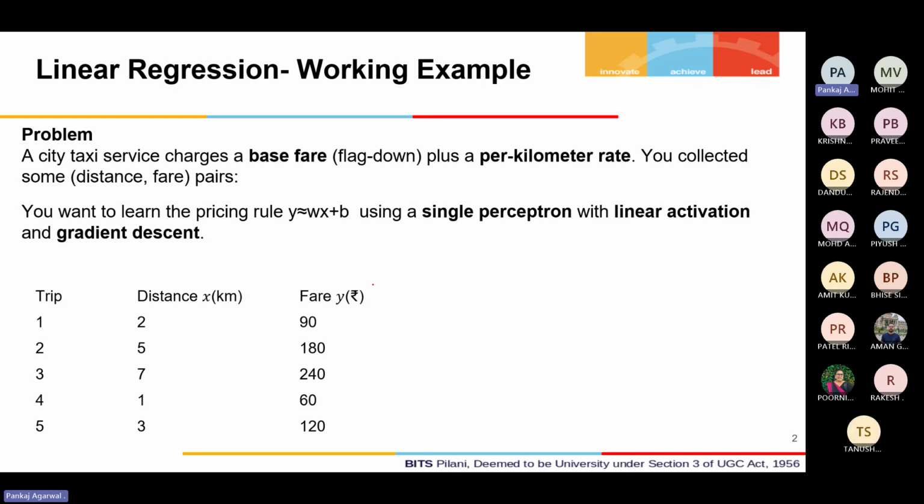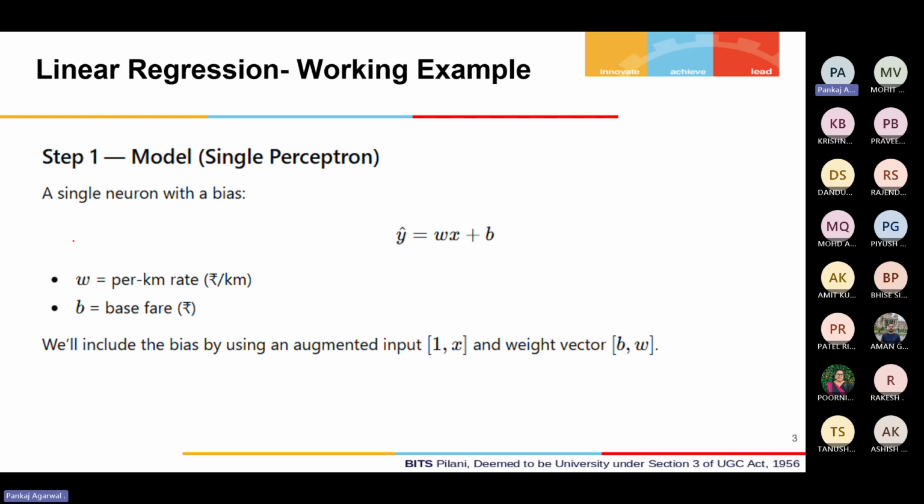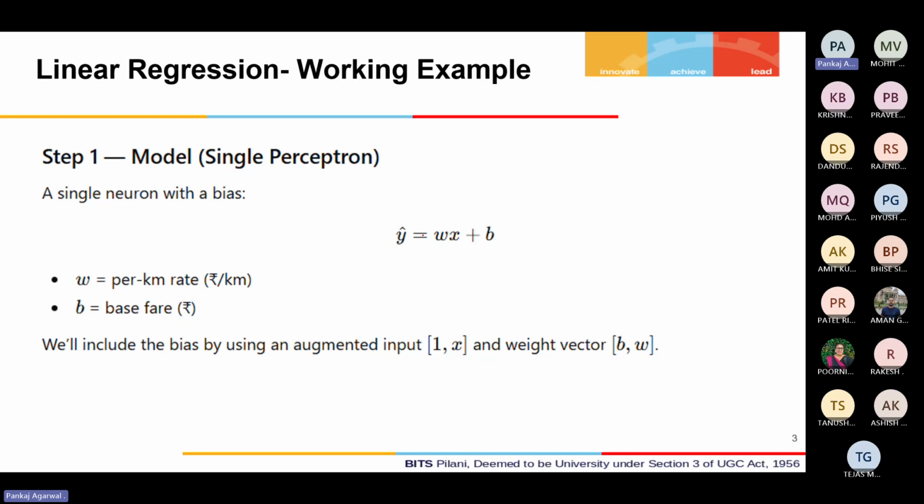We took this particular problem with this being X and this being Y. Then I showed you the entire process of how a single neuron can be used for solving a simple linear regression problem with one variable, right? We have already done that. This is just a revision because today we would be doing a little bit more and we have to come up to session 4 as well.